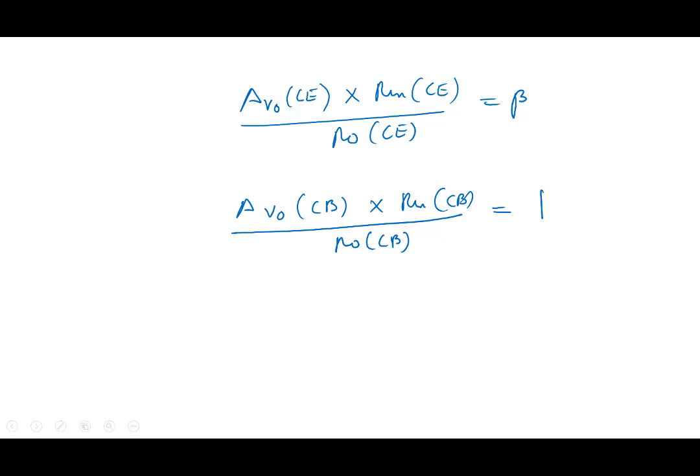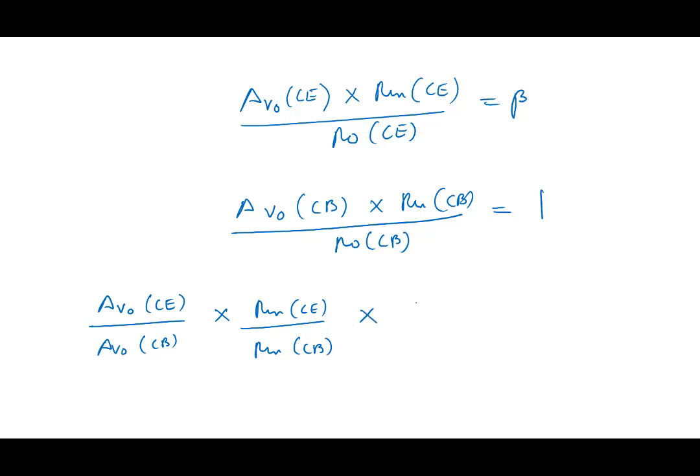If I combine both of these two equations together, I can get AV0 common emitter by AV0 common base multiplied by Rn of common emitter by Rn of common base multiplied by R0 of common base by R0 of common base equal to beta.